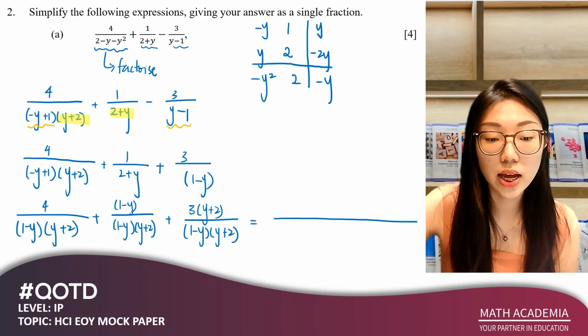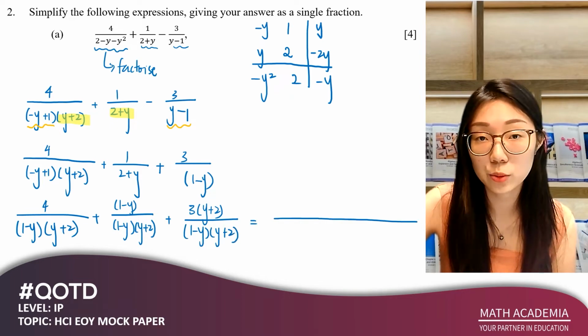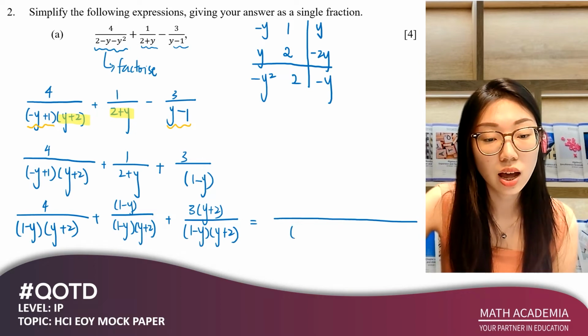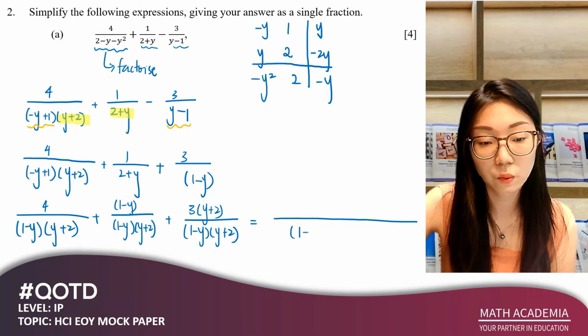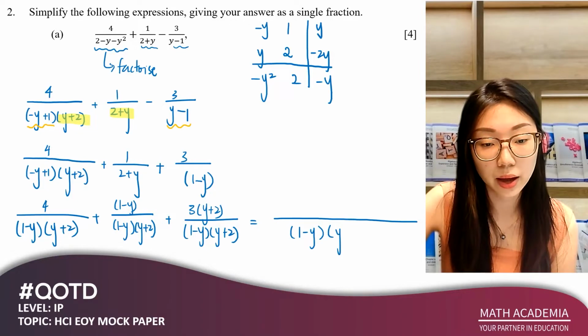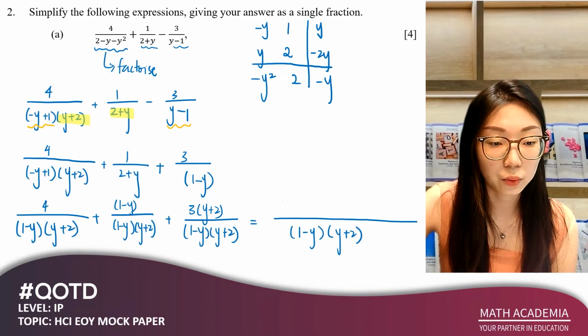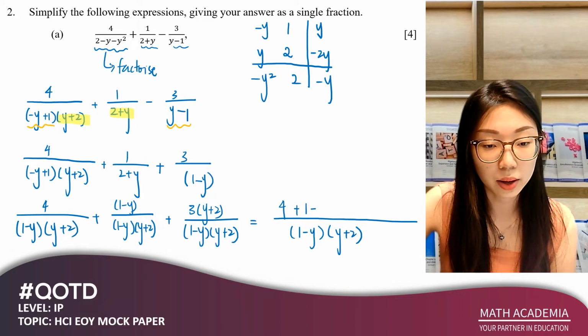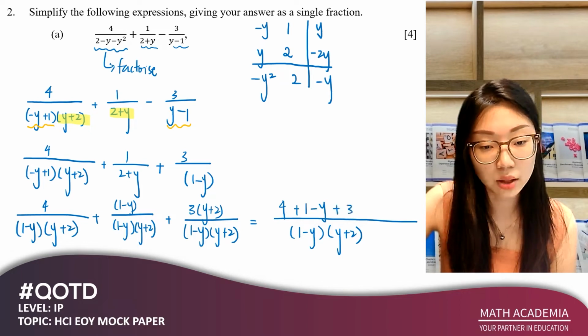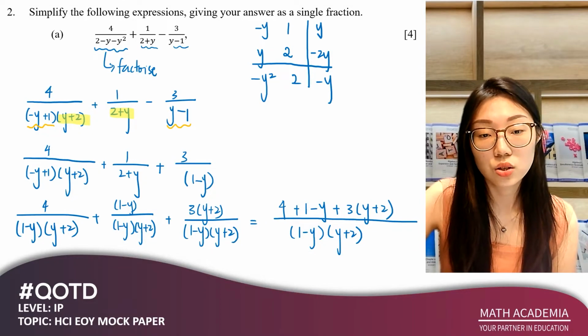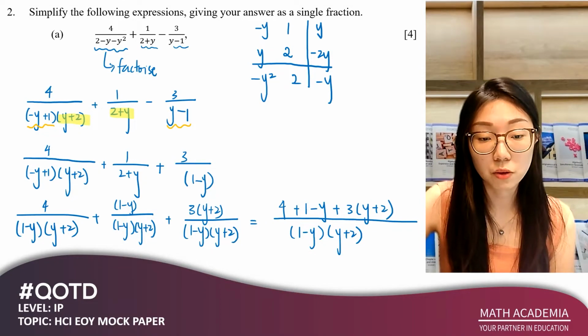Okay, so now since I have a common denominator, I can merge my 3 fractions together. In my denominator, I have 1 minus y multiplied by y plus 2. And in my numerator, I would have 4 plus 1 minus y plus 3 multiplied by y plus 2. Okay, so then my last step would be to simplify.